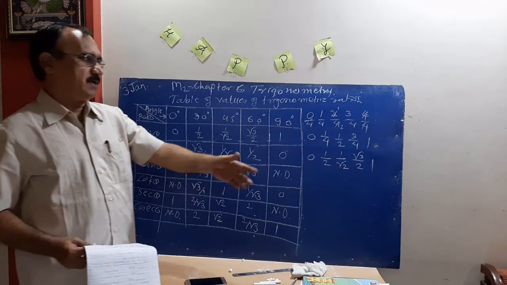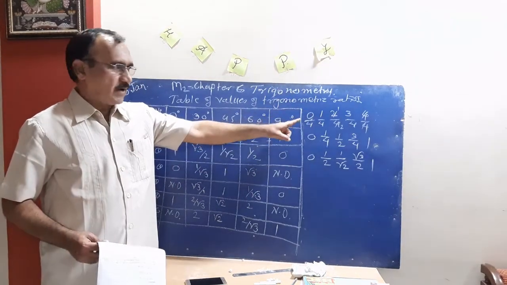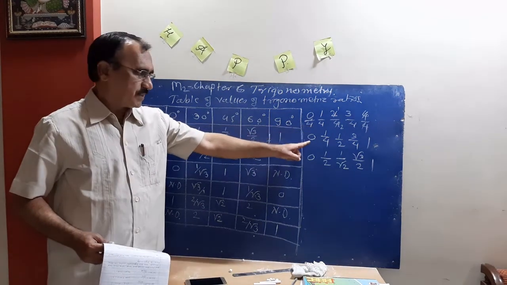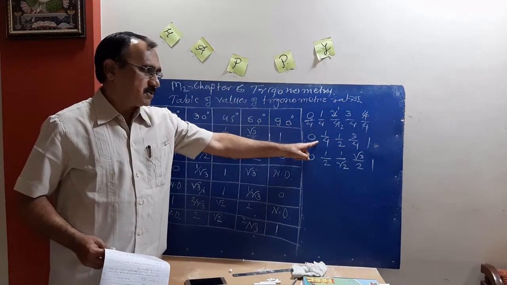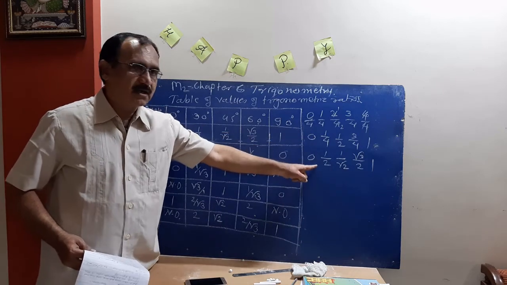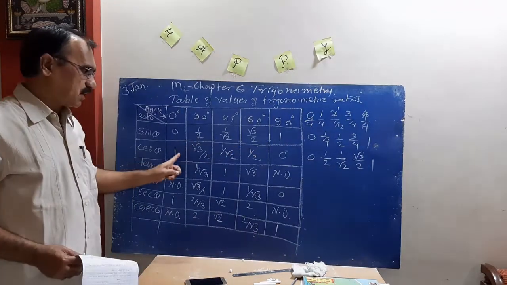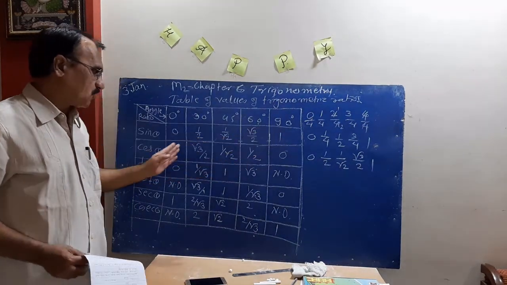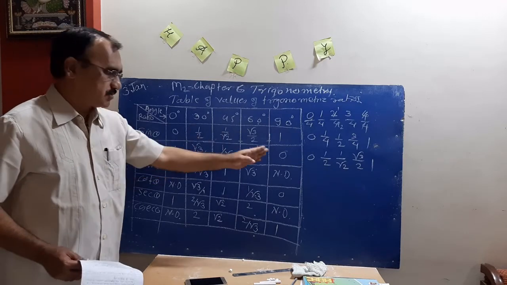Once again I repeat here. Write 0, 1, 2, 3, 4. Divide each number by 4. This is the simplification. Then take square root of each number. These are the first 5 values. Then for second 5 values, write from opposite direction.